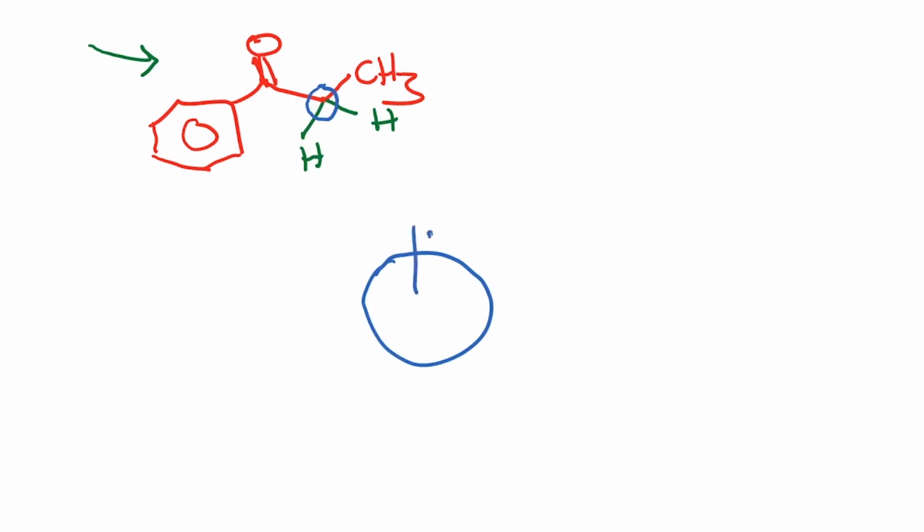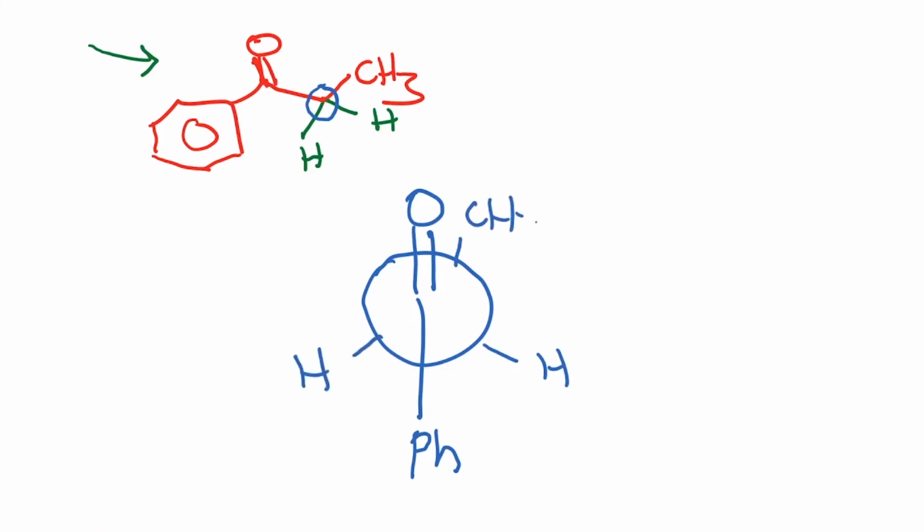C double bond O is here, Ph is below, the two hydrogens are here, and the CH3 is actually behind. Okay, so if I draw this molecule using the Newman projection method, it's going to look like this.